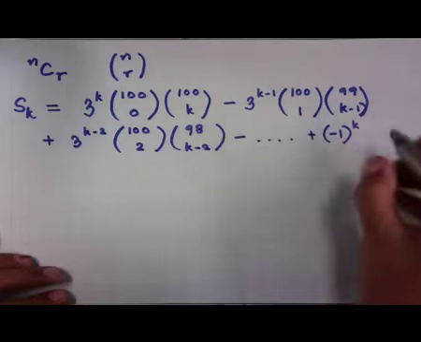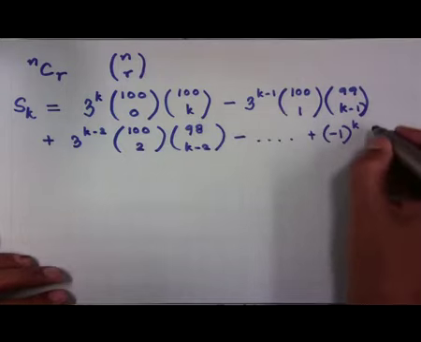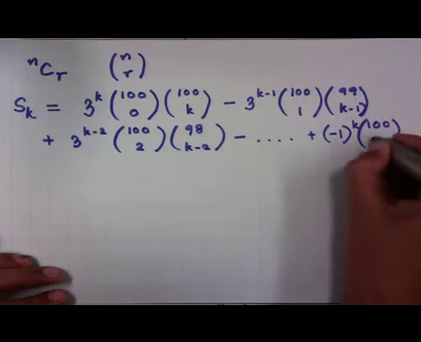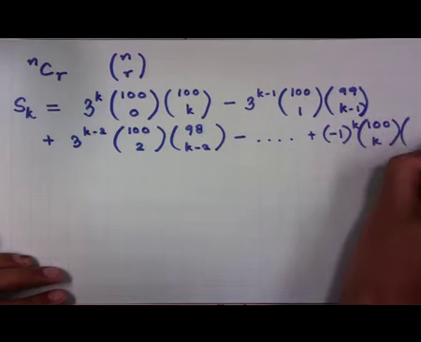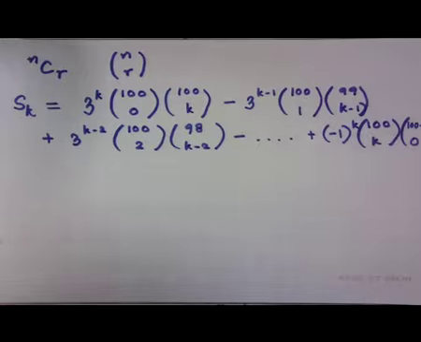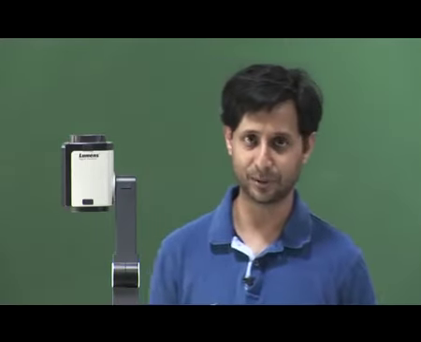This is the last term. So, it is minus 1 whole power k, 100 choose k times 100 minus k choose 0. So, this is the setup of the problem.